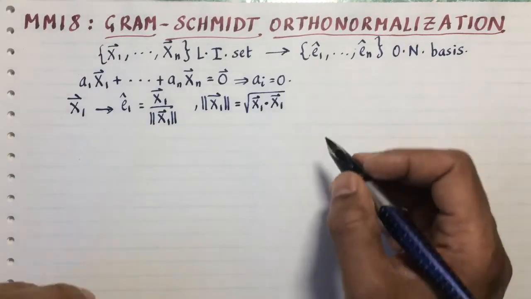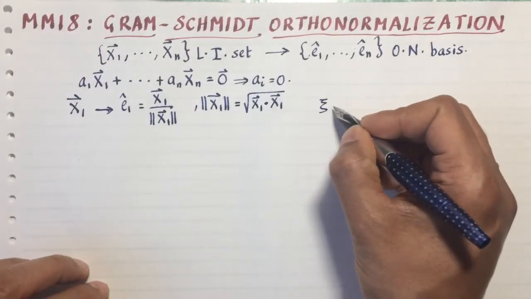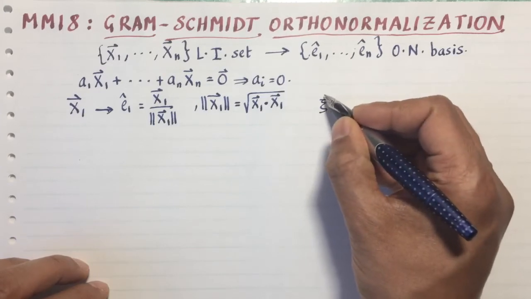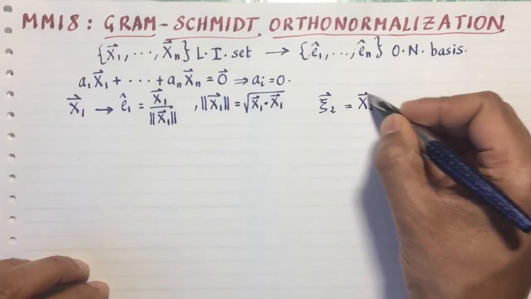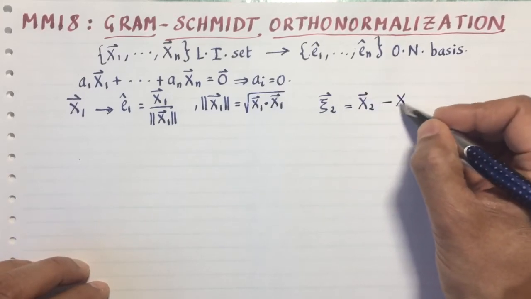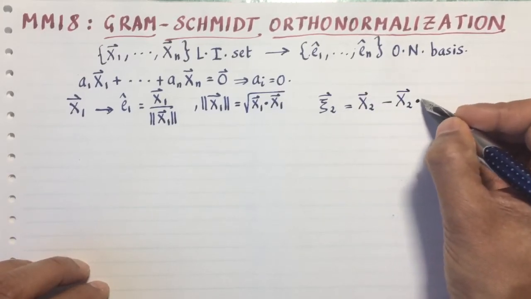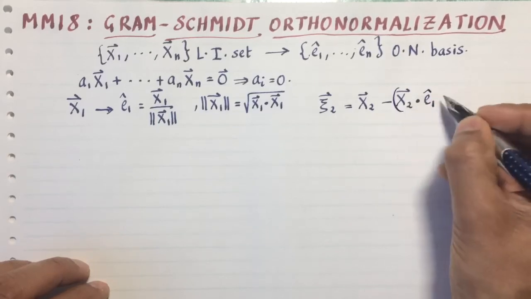How do you find the rest? Well, to find the next vector, let's form this vector known as zeta 2, and zeta 2 is defined to be x2 minus the component of x2 in the direction of e1.